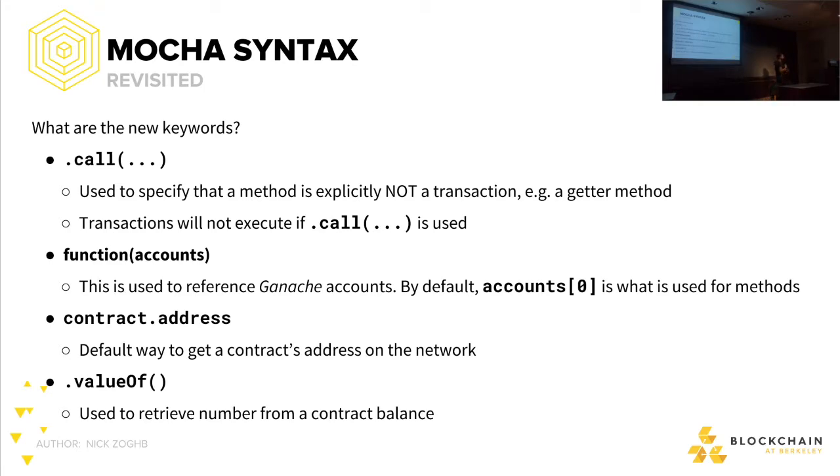I called this, right? Well, the reason is that because you used .call, the state did not change. So don't use .call if you want a variable change to happen, or someone's balance to go up or down, for example.